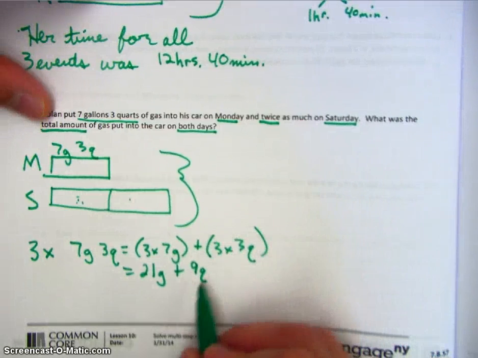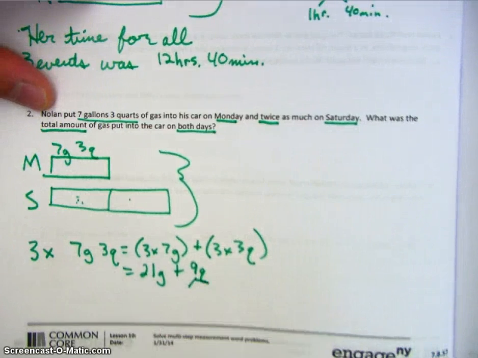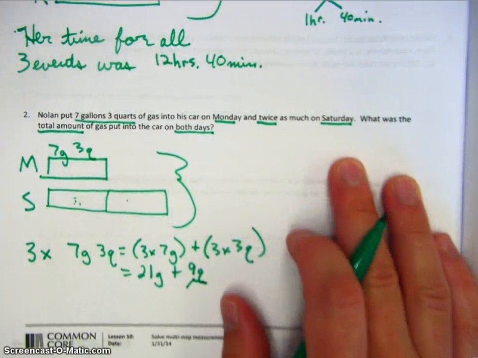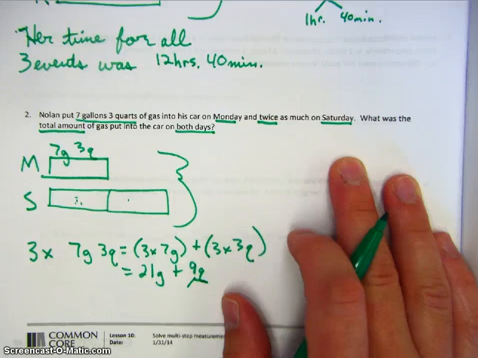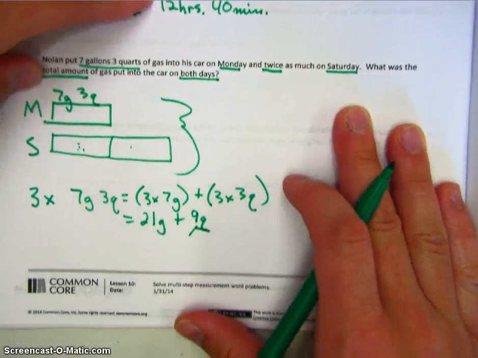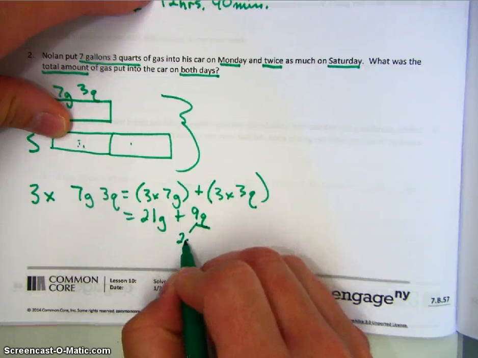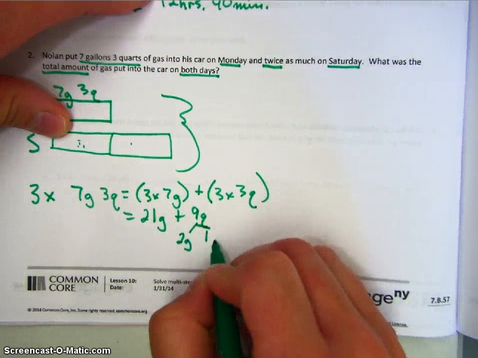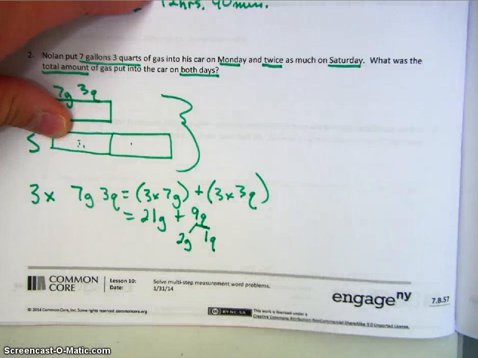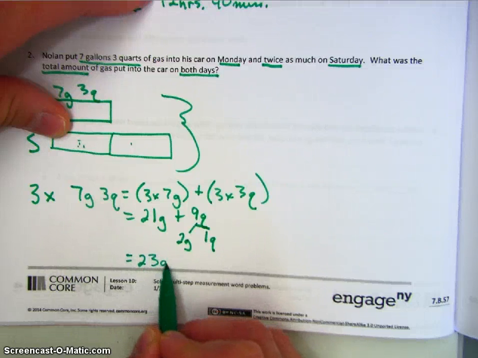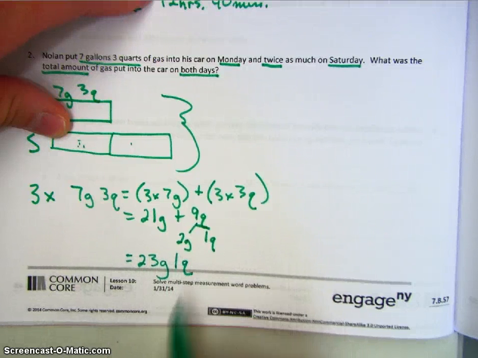Well, we know from our gallon picture on the front of the book that we can take our 9 quarts and convert those into gallons. 4 quarts are in a gallon, so that means we have 2 gallons and then 1 quart left over, because our 8 quarts would give us 2 gallons. So now that gives us a total of 23 gallons and 1 quart.